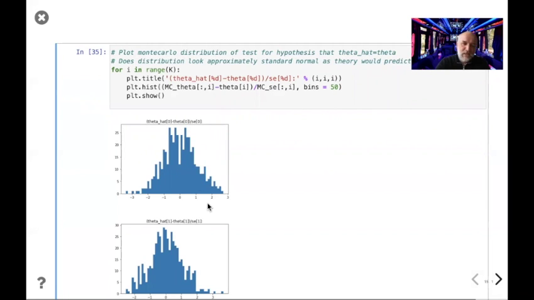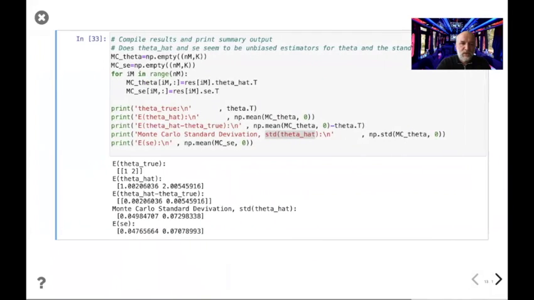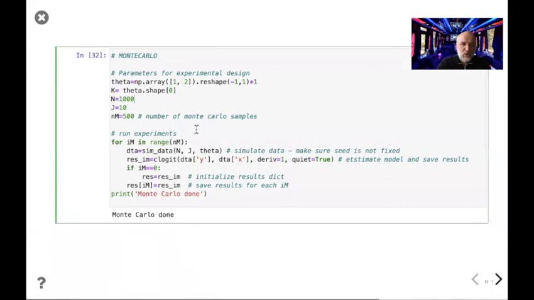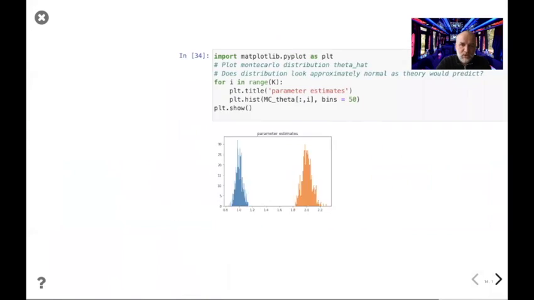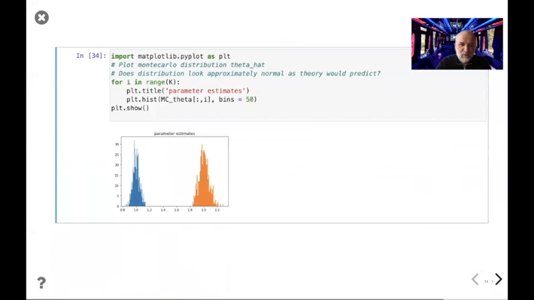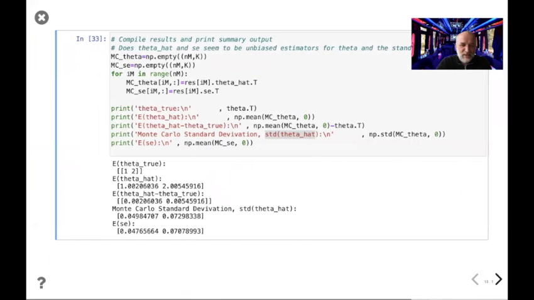We could try to run some more and see if we get something a little bit smoother. So let's do 2,000 Monte Carlo draws instead, and see if the distribution looks nicer. It's going to take a little bit of time, but I'm talking and talking, so eventually we're going to be there.